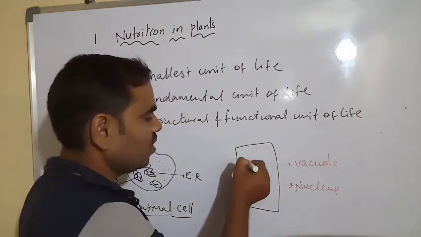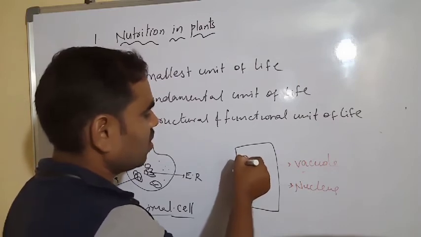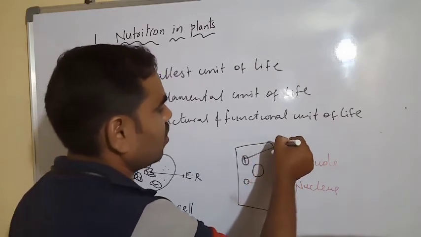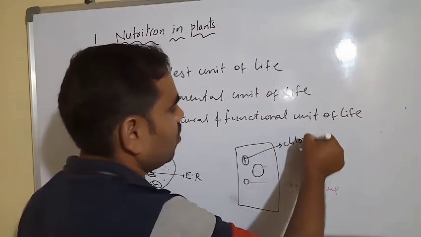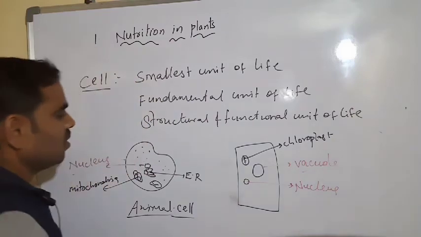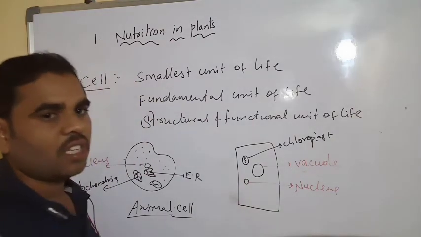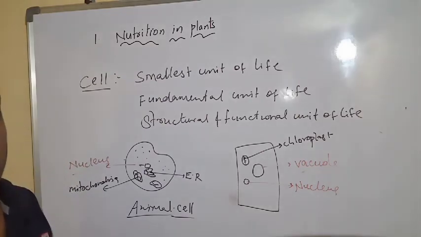Here also there are many chloroplasts. Cell wall is present, cell membrane is also present. Plastids are also present, ribosomes, lysosomes, Golgi apparatus.